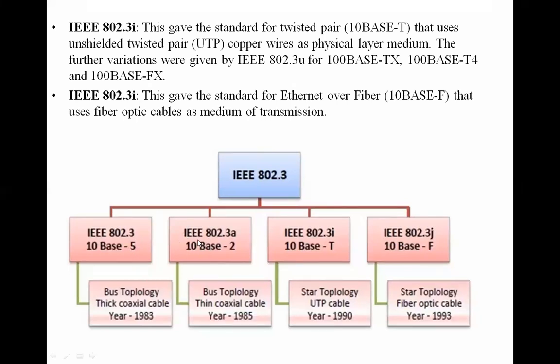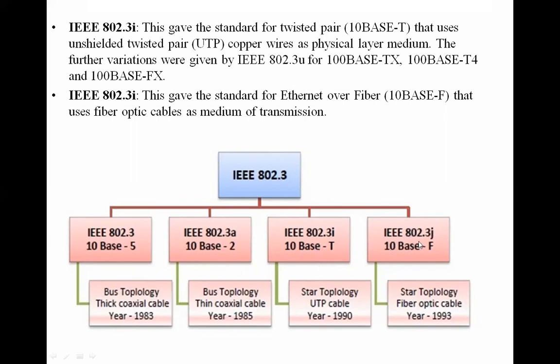Similarly for a, the speed is the same. It is also carrying baseband transmission, and the length or distance is less. For i, the speed is the same, and we are going to combine two or more cables, called twisted pair cables, which are used for transmission purposes.